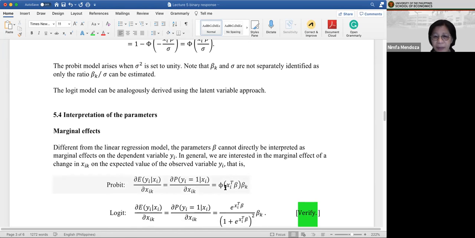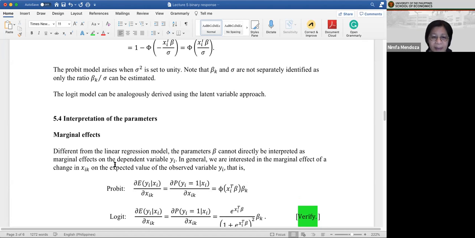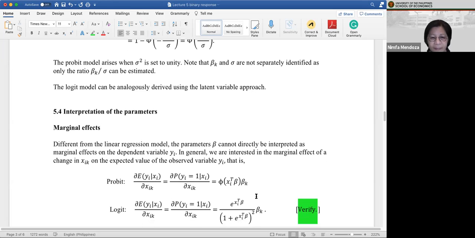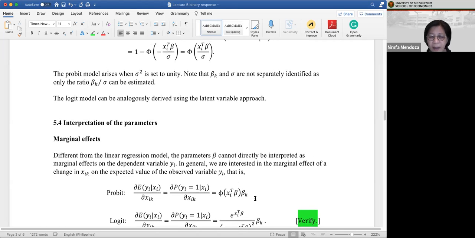Then you get the derivative of z with respect to x sub ik, which picks out beta k. Note that this is for an individual, so you can get this for i going from 1 to n, and these values can differ from individual to individual.